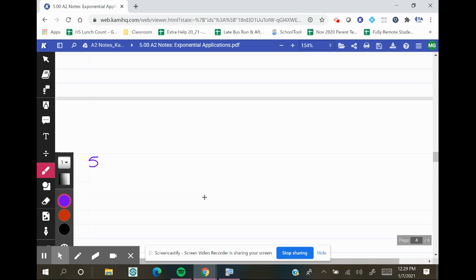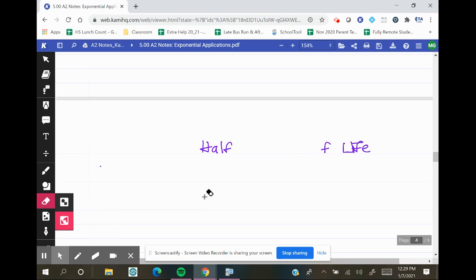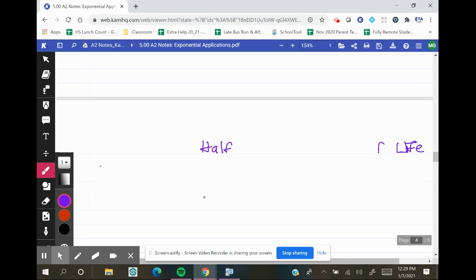All right, last one we'll do here is a half-life formula problem. So your half-life, actually, you know what, we'll use y for this. So y equals A times 1/2.